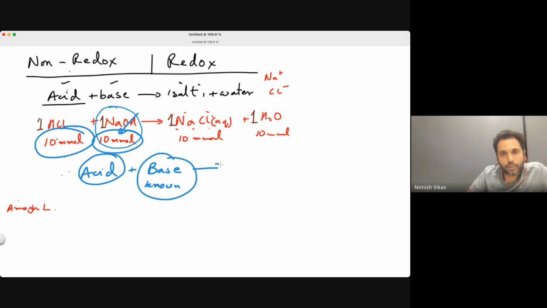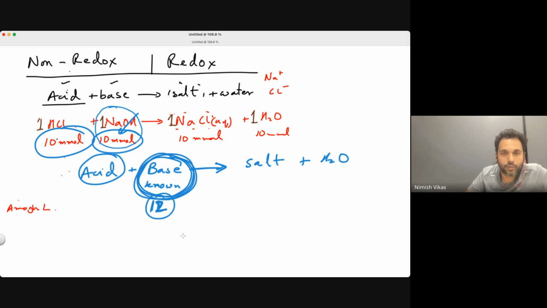But they will twist the story a little bit, because you are not in, say, class 9 or 10. They will say that a known amount of base was used, maybe 11 millimoles or 12 millimoles. But it created something which was excess of base. That means salt was there, water was there, and some of the base was in excess.